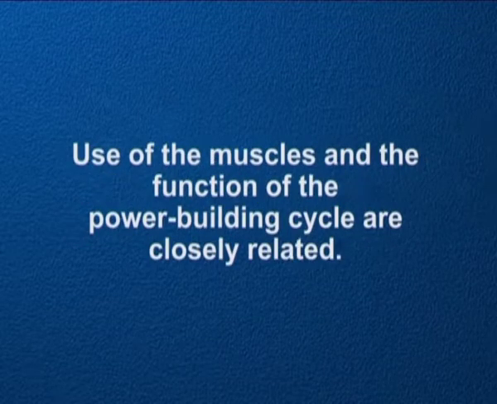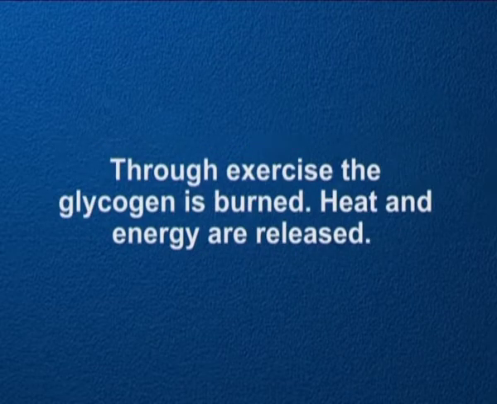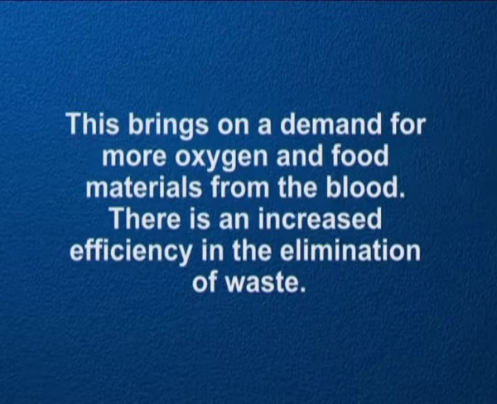Muscular exercise increases the capacity of the cells to build their nutritive powers. Use of the muscle and the function of the power building cycle are closely related. Through exercise, the glycogen is burned, and heat and energy are released. This brings on a demand for more oxygen and food material from the blood. There is an increased efficiency in the elimination of waste.